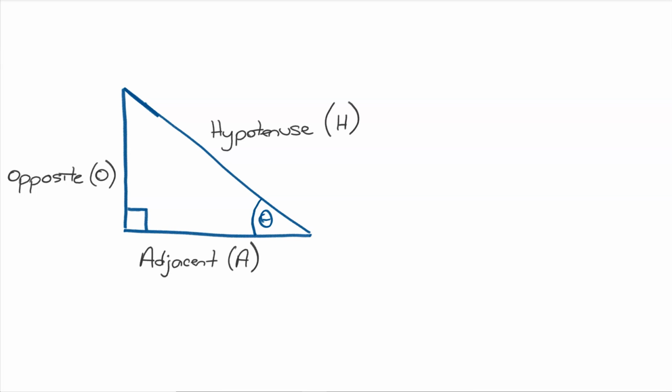So we've got O, A, and H, and we come to this idea of SOH CAH TOA. Write it down: SOH CAH TOA. This will be very useful when you're solving using trigonometry.